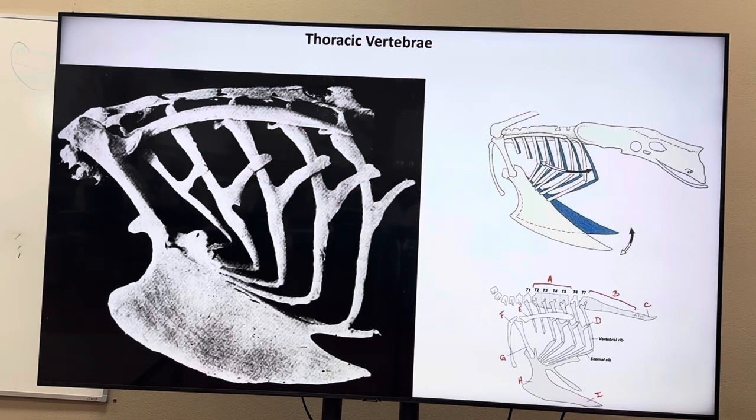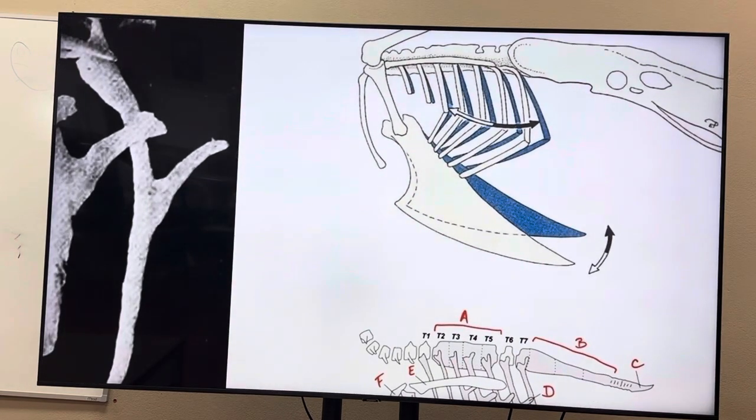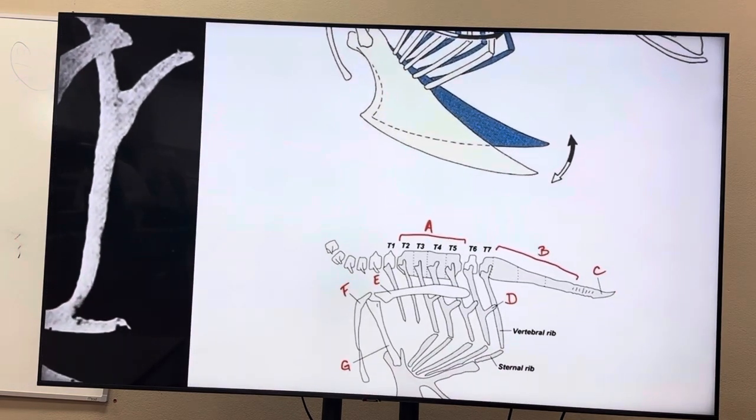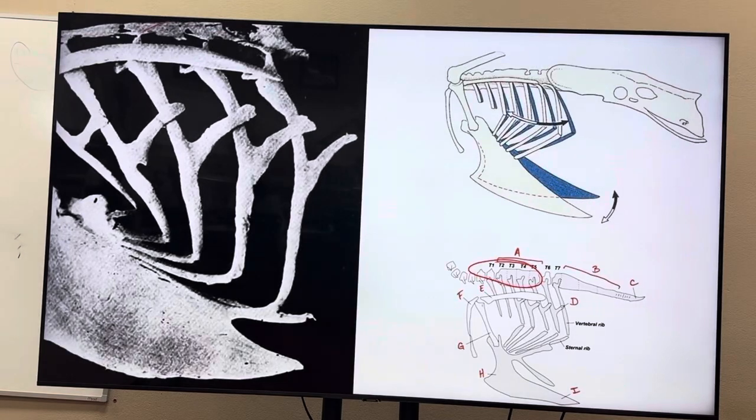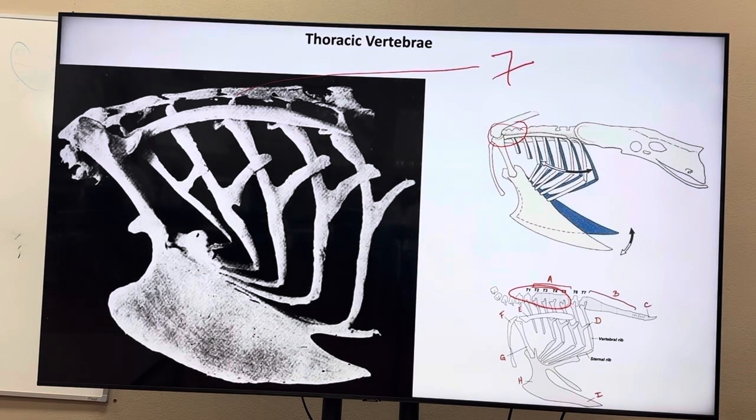So the thoracic vertebrae in birds, or chicken, we have seven. Usually we have fusion differences.